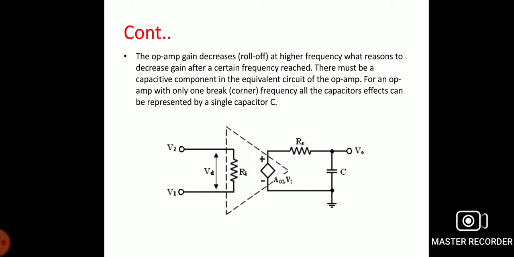The frequency response: the variation in operating frequency will cause a variation in gain magnitude and in phase angle. The manner in which the gain of an operational amplifier responds to different frequencies is called the frequency response.